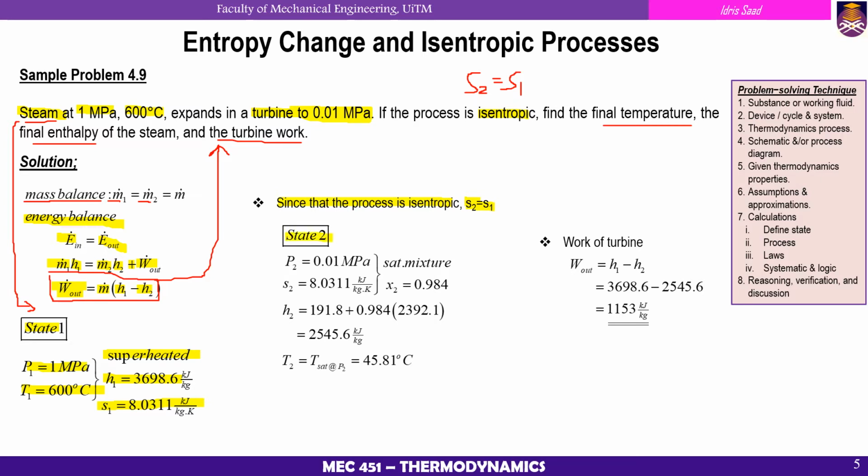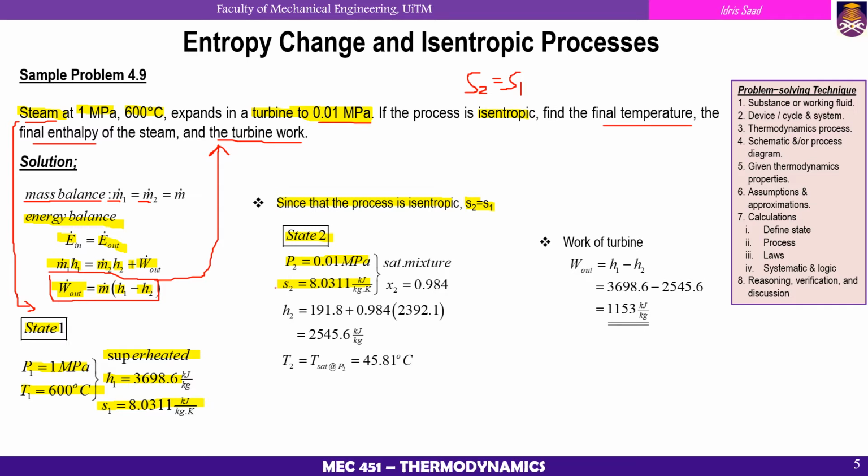So in state number 2, we have the pressure of 0.01 megapascal only, but we don't have any other properties. Please do remember that in order to define the properties, we need at least 2 intensive properties. So in this case, we can use the pressure 0.01 megapascal and second, the entropy at state number 2 is equal to 8.0311.